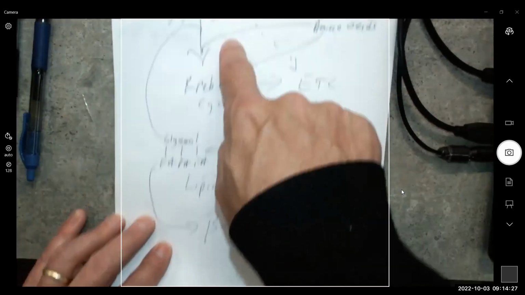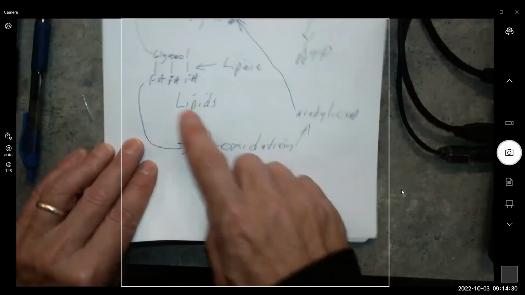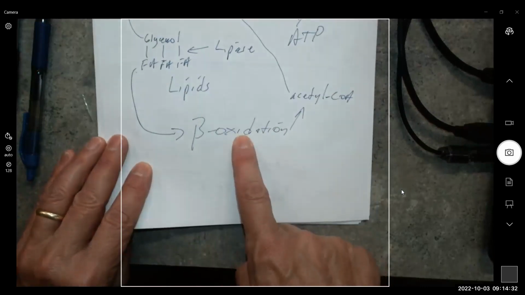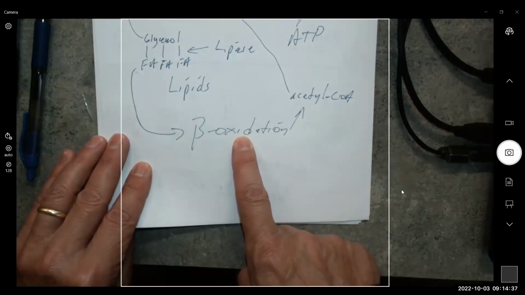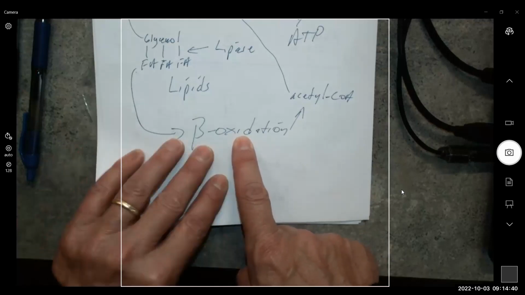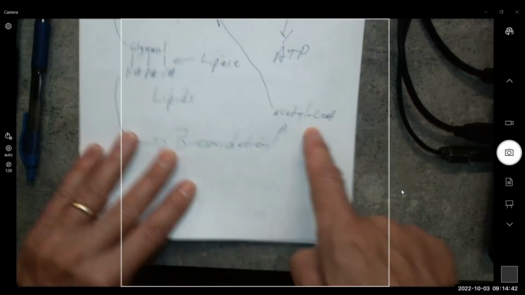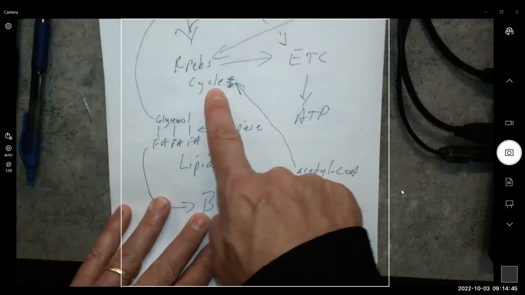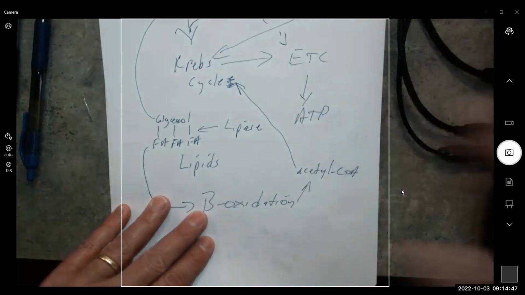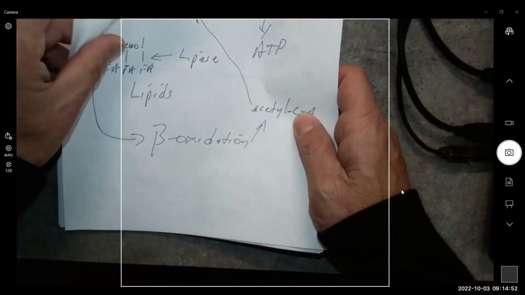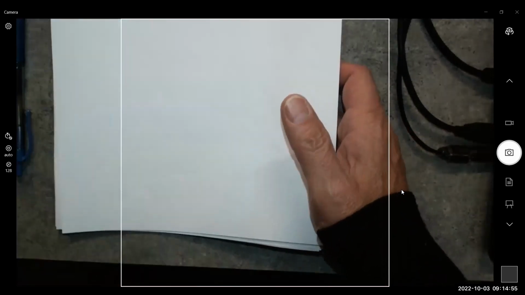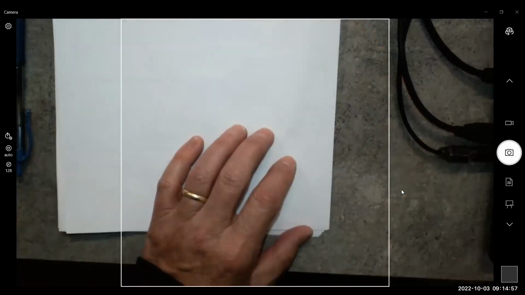Glycerol feeds directly into glycolysis, and then the fatty acids are degraded by, say it, beta oxidation. Say it again, beta oxidation. That produces acetyl CoA, that feeds into the Krebs cycle, in the house that Jack built, and so on and so forth. Right? A lot of information there, but I think you're getting it.